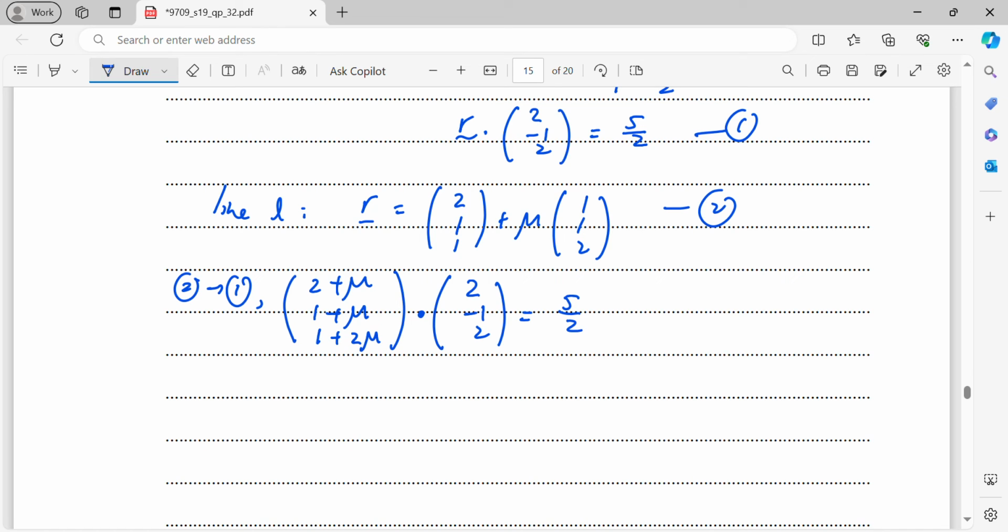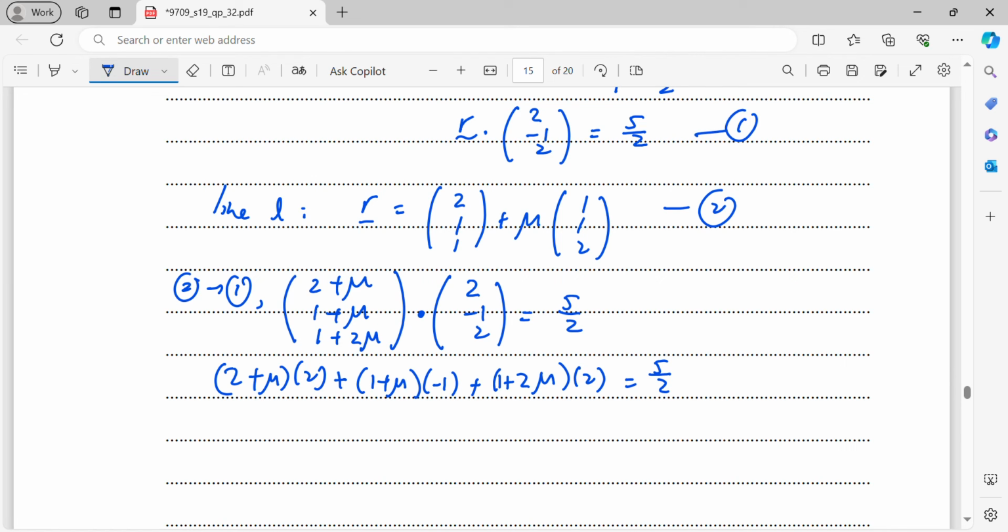P. Then from here, you will get 2 plus mu times 2, plus 1 plus mu times minus 1, plus 1 plus 2 mu multiplied with 2, equals 5 over 2.